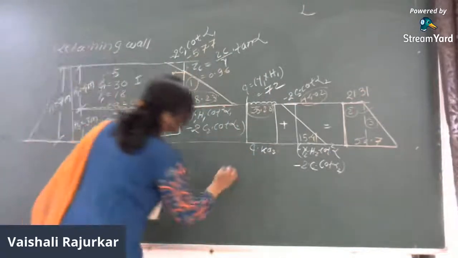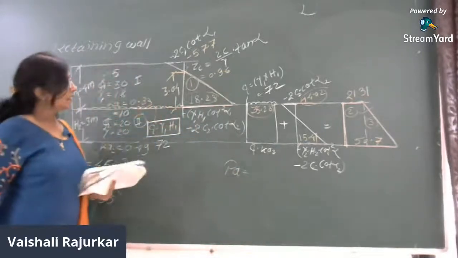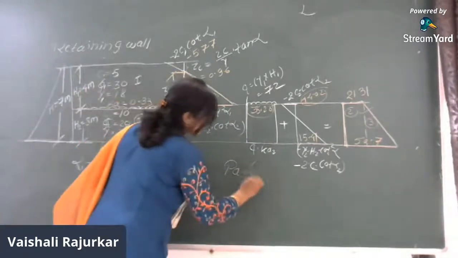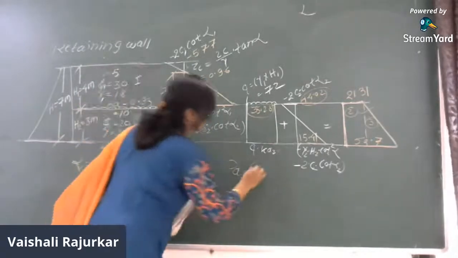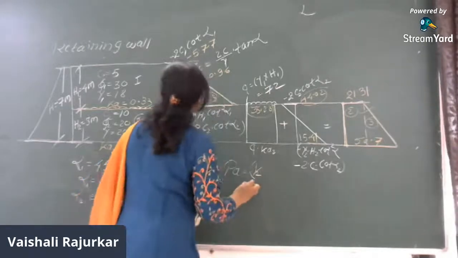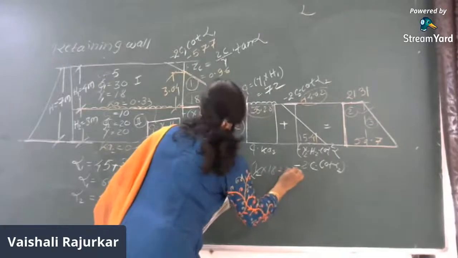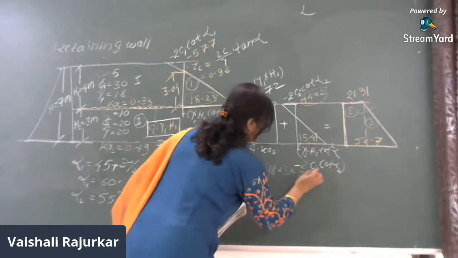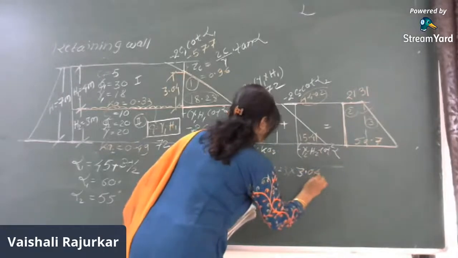Right? So what is total PA again? PA is A1, the area of this distribution diagram. So here this is half of 18.23 into 3.04.